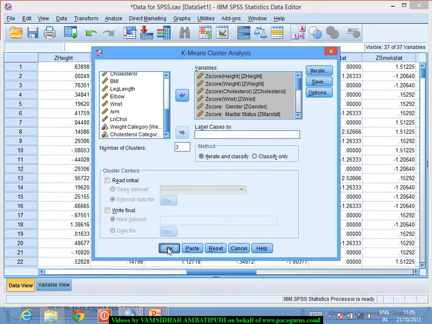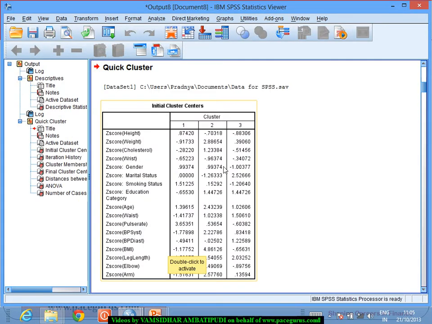Now, if I look at this analysis, yeah, initial cluster centers. If you see, it has taken some well spaced observations, and it has created the initial cluster centers.